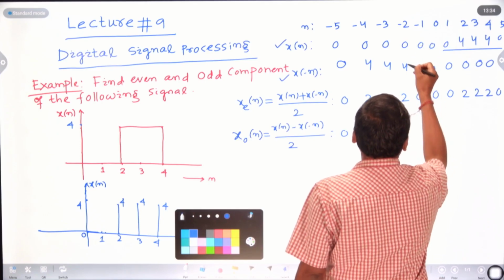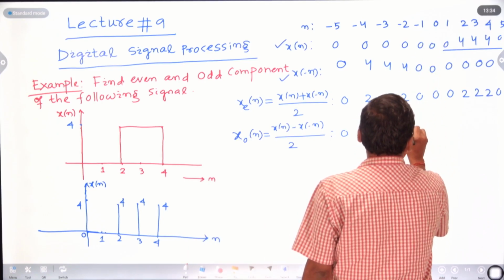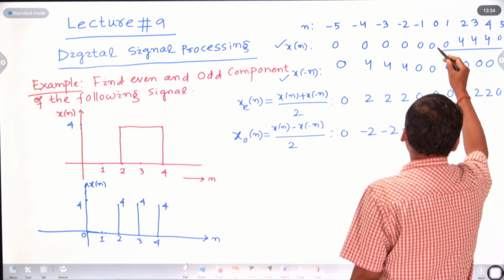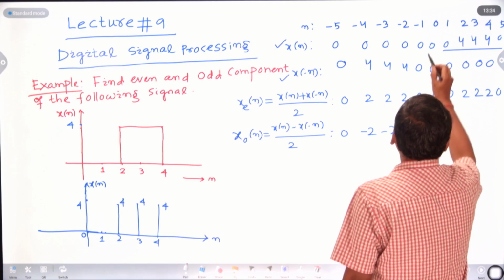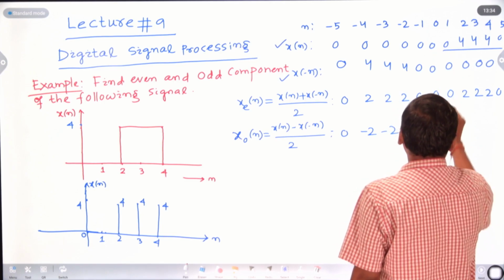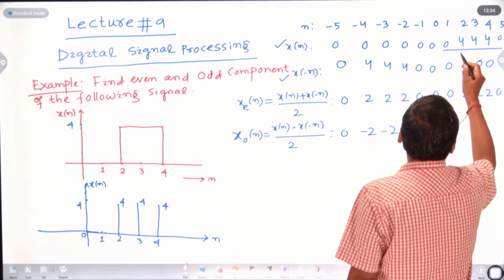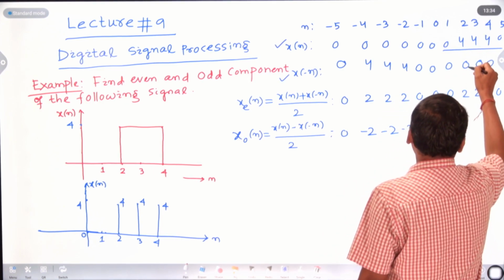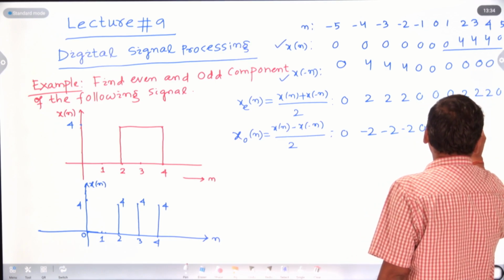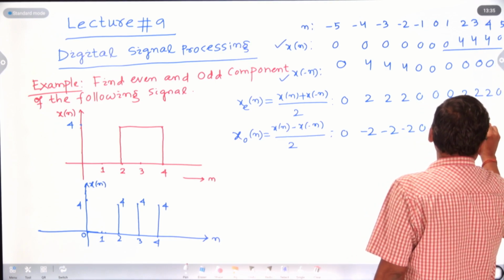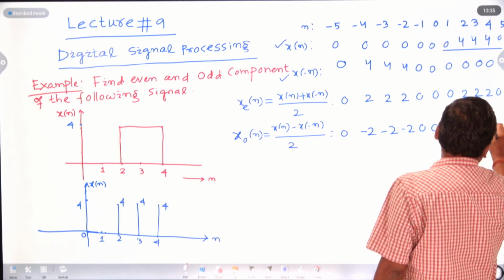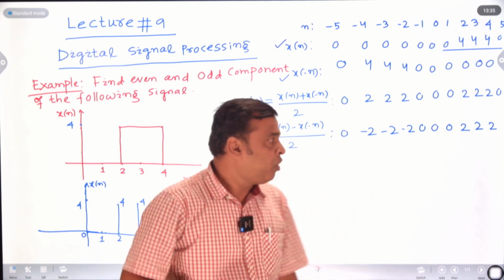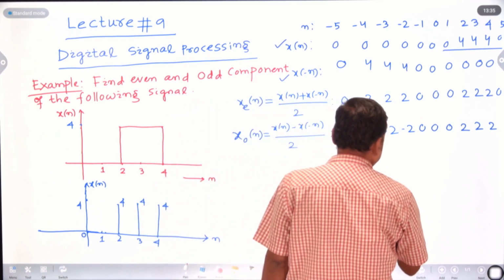Here 0 minus 4 by 2 is minus 2. Again this is 0, again this is 0, this is also 0. Same thing, 4 minus 0, 4 by 2, that is plus 2 here. 4 minus 0, 4 by 2, plus 2. 4 minus 0, that is 2 here. Like this. Then we will draw the even and odd components of the signal.